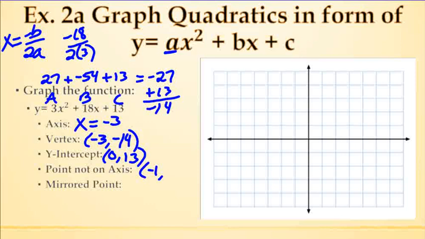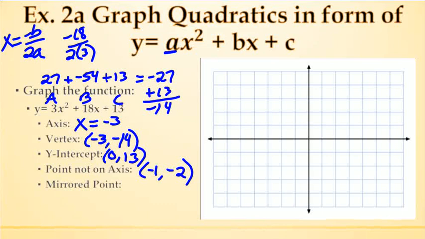When x is negative 1, what is your y? Negative 1 squared is 1. 1 times 3 is 3. 3 plus a negative 18 is negative 15. Negative 15 plus 13 is negative 2.